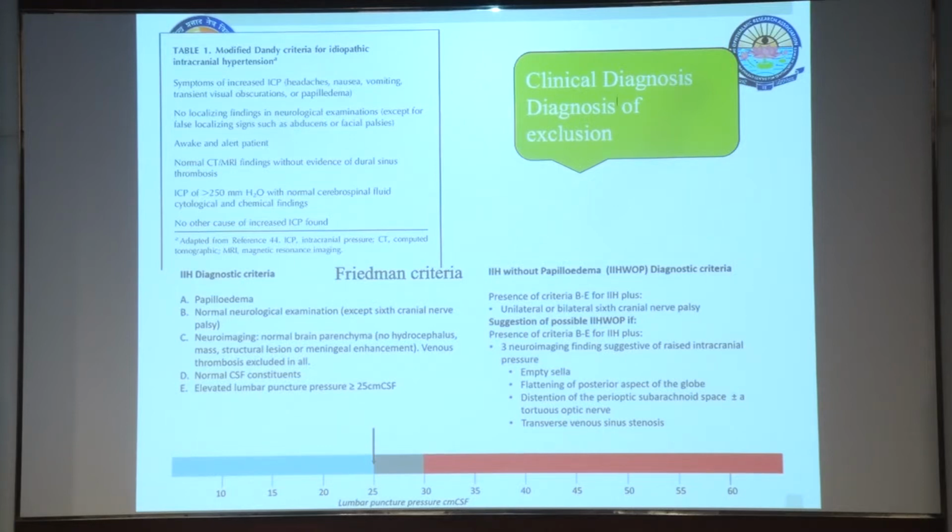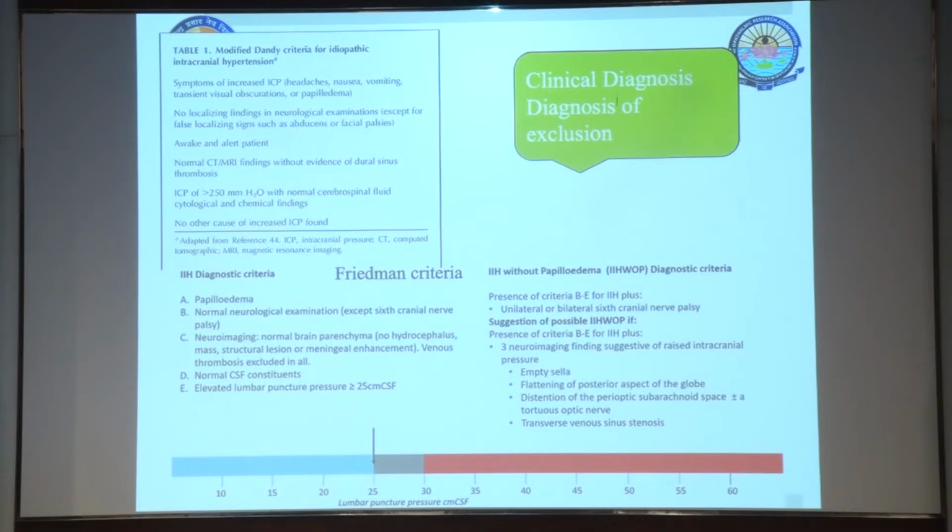MRI may show certain subtle signs, and it can be confirmed with the increased CSF pressure, which should be more than 250 millimeters of water to label it as increased intracranial pressure.